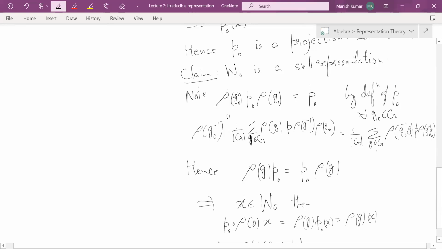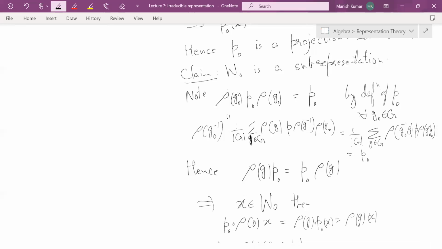So you sum over all G in G, this is the same as over G0, because Z0 is a fixed element in G. And the inverse of G0 inverse G is G inverse G0. Okay, so you get that this is the same as P0.